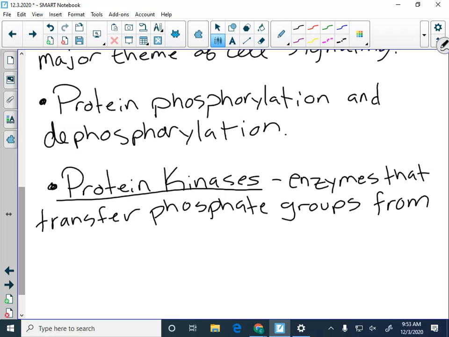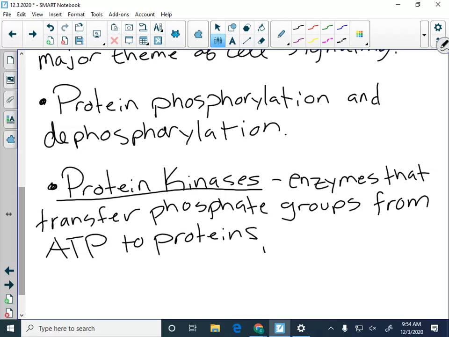I think we might even have this exact definition written down again. That's all right. So, protein kinases are enzymes that transfer phosphate groups from ATP to proteins. So, tyrosine kinases are kinases that add phosphate groups to tyrosine proteins. So, protein kinases, just a class of enzymes.